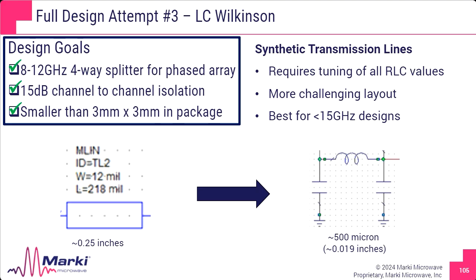If we replace the physical transmission lines with an equivalent lumped transmission line, we can greatly reduce the footprint and the size. This transmission line at 2 gigahertz is about 1/4 inch. The equivalent LC transmission line that you can lay out and mimic is 500 micron, or 0.02 inches. So a humongous size advantage to doing this, with also some humongous trade-offs, obviously.